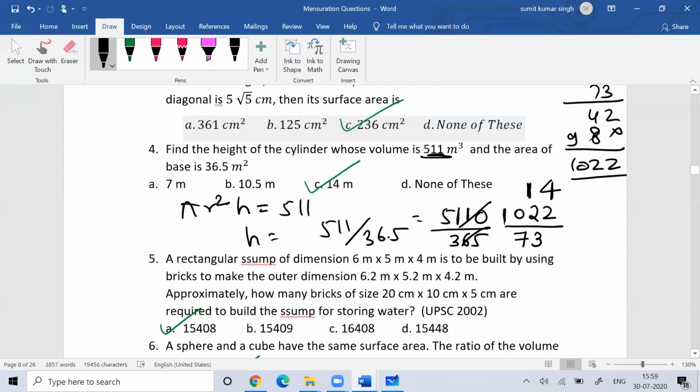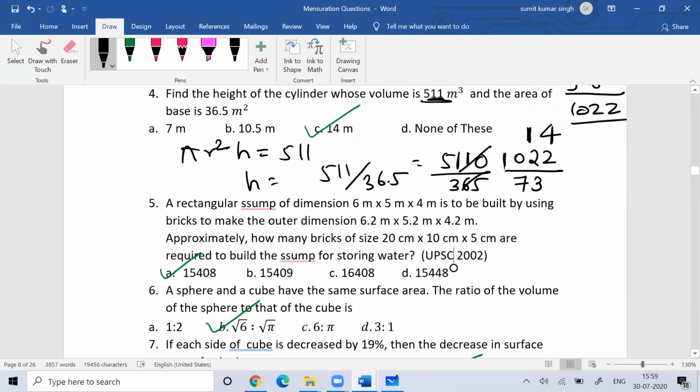Fine. Now you can see the next question. Question number 5. This question came in UPSC 2002. A rectangular sump of dimension 6 into 5 into 4 is built by using bricks to make the outer dimension 6.2.